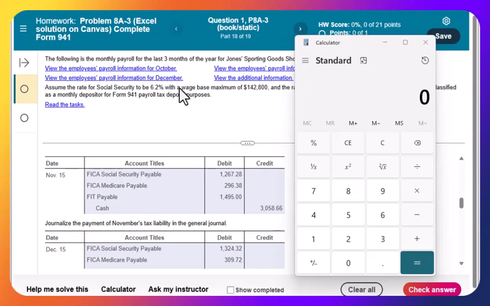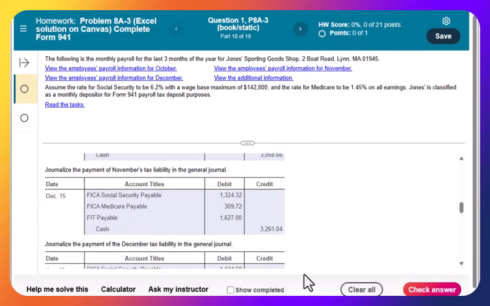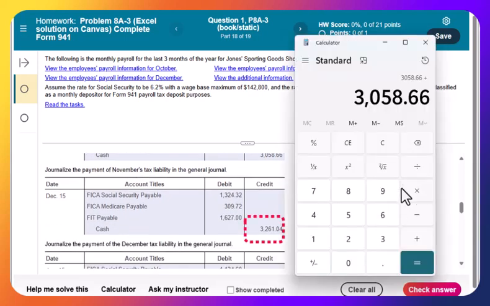Okay, since my accounting lab's calculator isn't working for me right now, I'm just pulling open the one here that I have on my computer. So we'll go ahead and add $3,058.66, this cash payment here for October's FICA and FIT. And then we're going to go ahead and add November's. So that's $3,261.04.